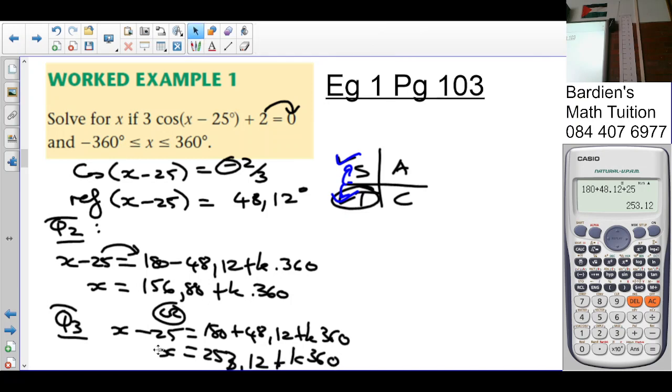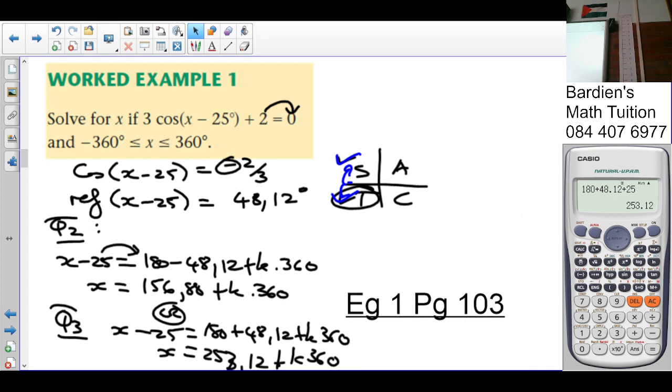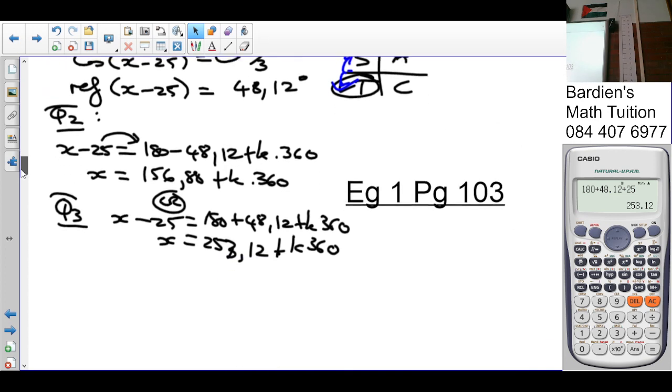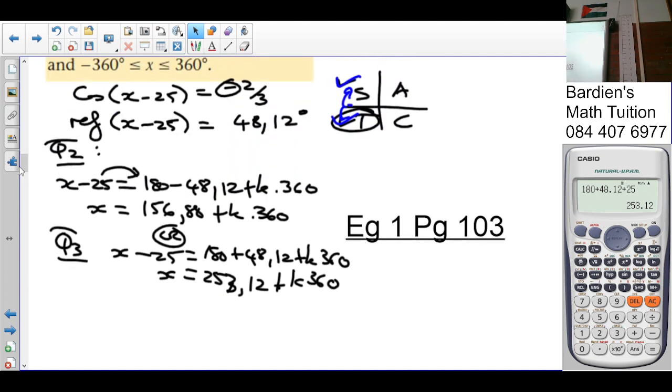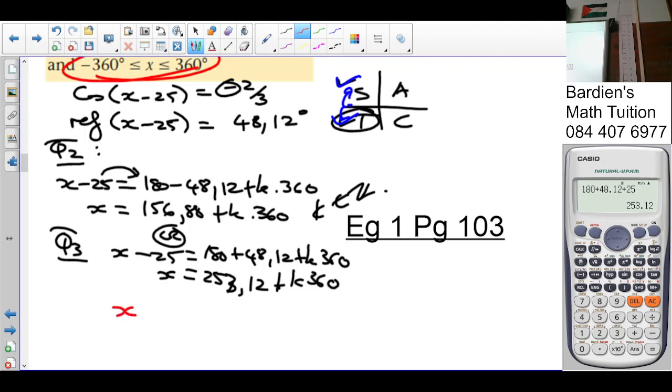Now if this had to be the general solution, I'll stop here and add k as an element of the integers. It's good practice to write it down anyway. But remember, this was a restricted domain: x is greater than or equal to −360 but less than or equal to 360. So we start listing. We say x is an element of, then we put 0 through here.